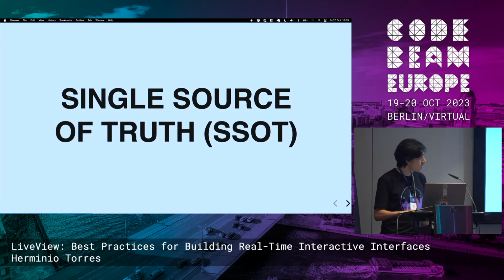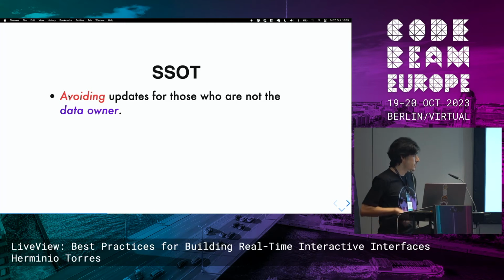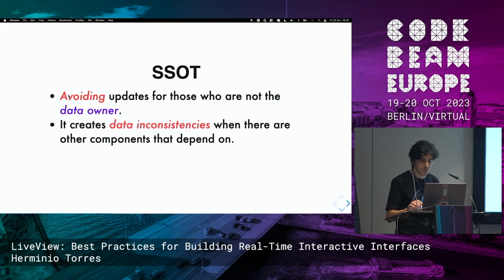This is the second topic. So about the single source of truth, it's important to avoid updating the data when you are not the owner. So basically, if you declare some data in your LiveView, you should not use any other parts of your components to update that data in the socket.